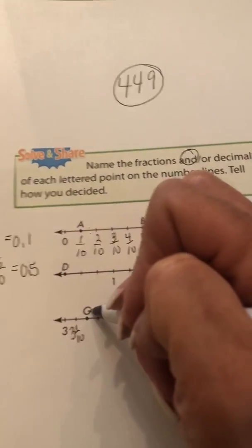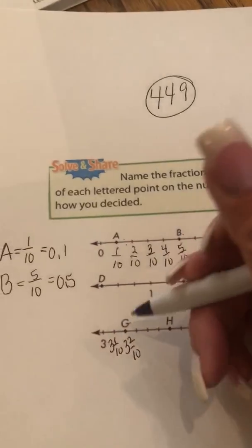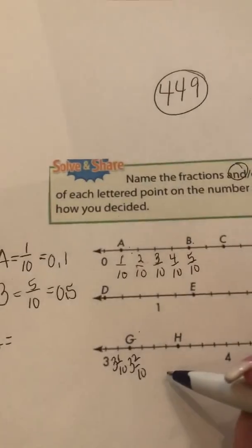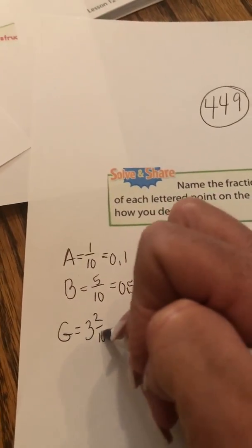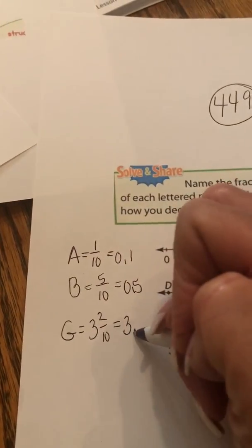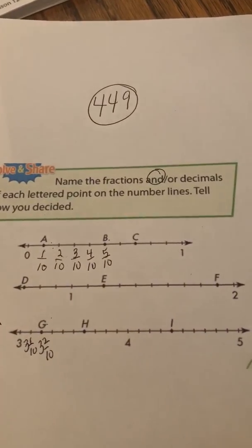And then point G, that's going to be 3 2/10. So when I write that one, I'll put that over here. I'm going to write it as a mixed number, 3 2/10, and as a decimal, 3.2. Now I bet you can do the rest of these on your own.